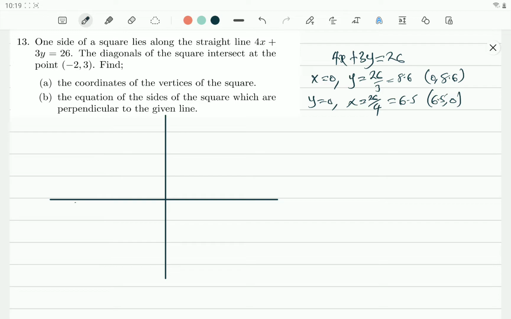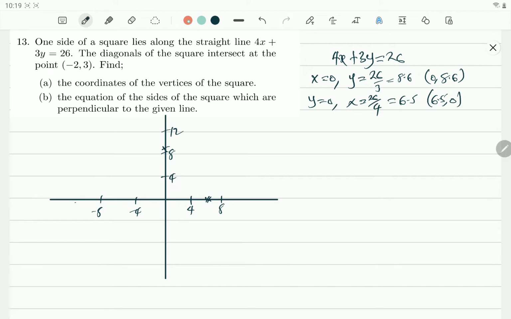I would want to plot them to scale, so let's use a scale of 4 on the x-axis and a scale of 4 on the y-axis also. So we have (0, 8.6) on the y-axis. We could indicate that somewhere here, and we have (6.5, 0). We could indicate that somewhere here.